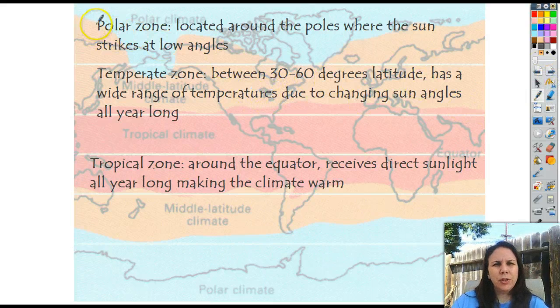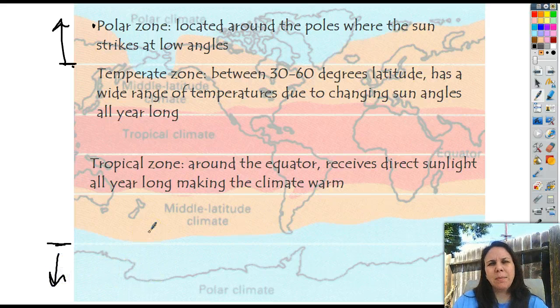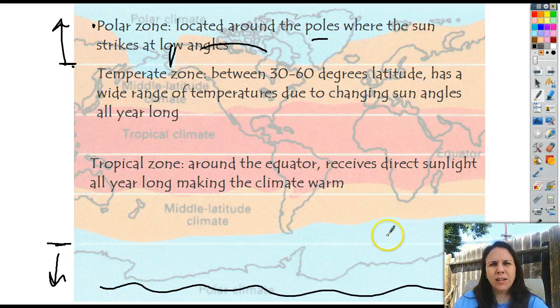And then we have the polar zone right here, which is usually from 60 degrees up and 60 degrees down. Now degrees I mean in terms of latitude, not temperature wise. So the polar zone is around the poles of the Earth where the sun strikes at very low angles. So these are areas you can see Alaska, northern Canada, Greenland, which is actually covered in ice, Iceland, which is really green, very strange, down here, all this freezing ice cold.